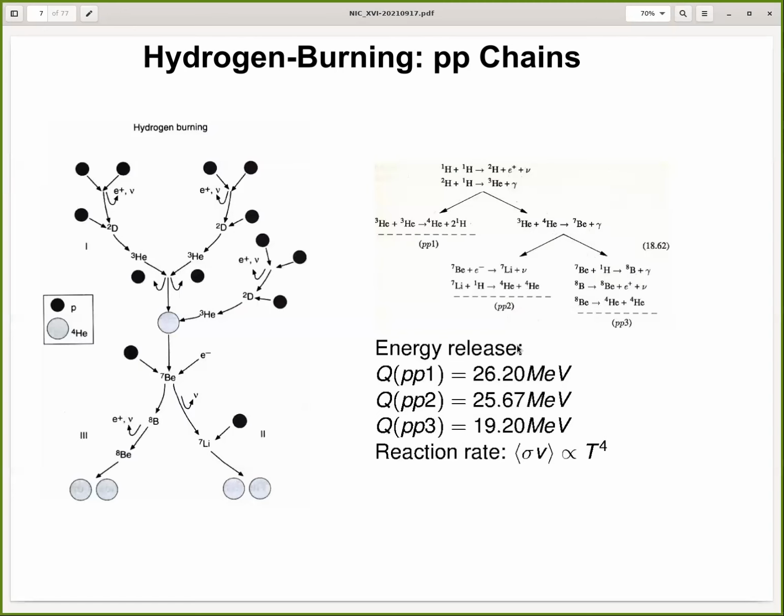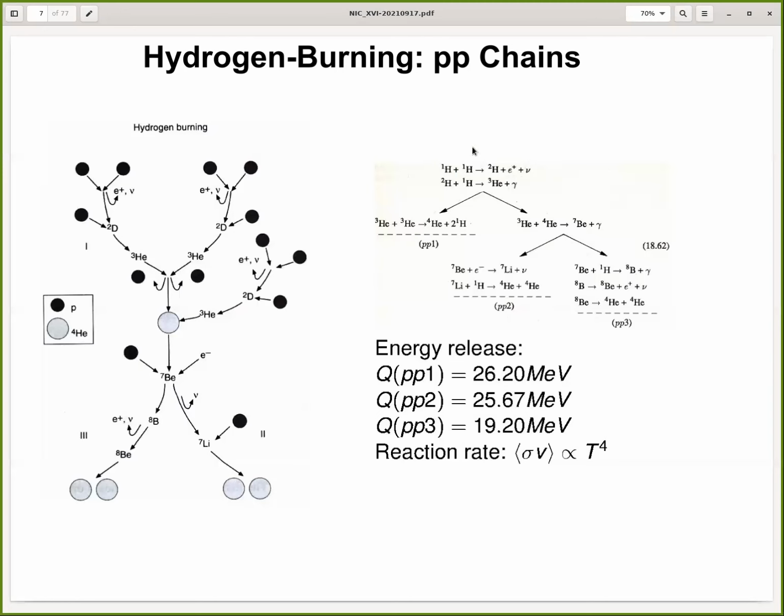There's also an interesting aspect to that, namely that depending on which of these paths you take, you will release different amounts of energy. And how is this possible? Because what all of these reactions do is convert 4 protons into a helium-4.